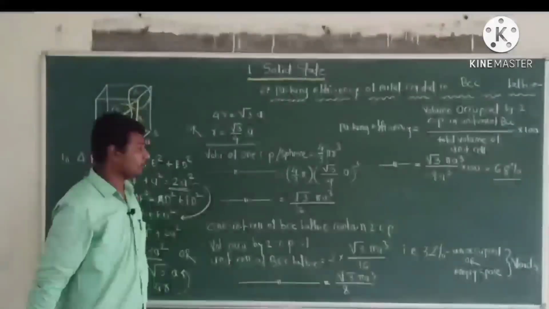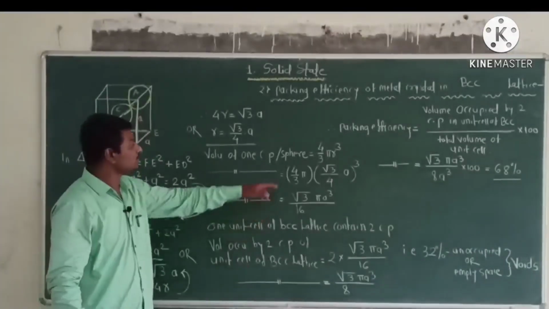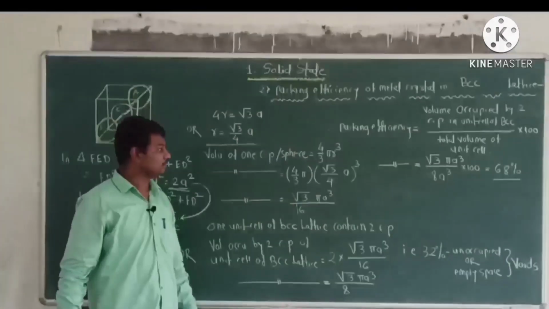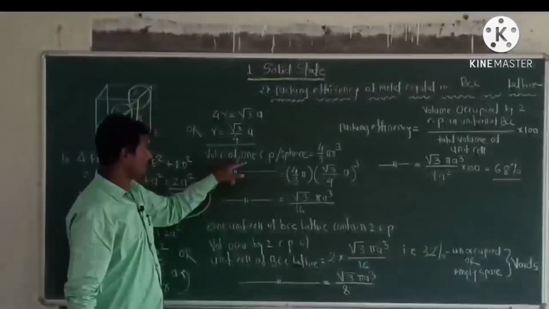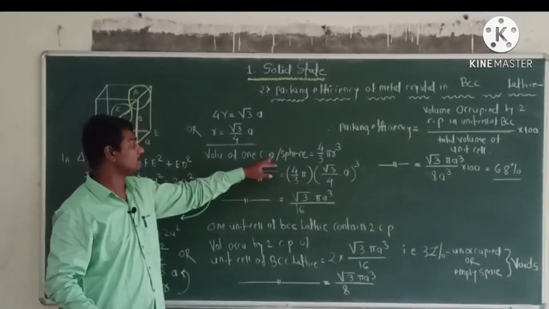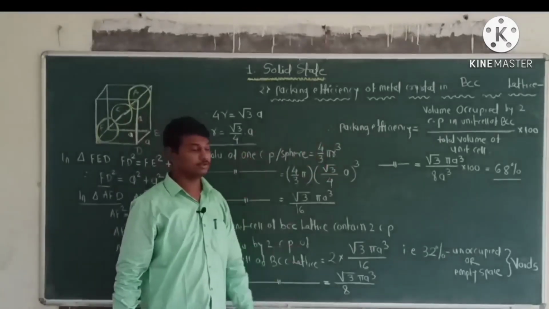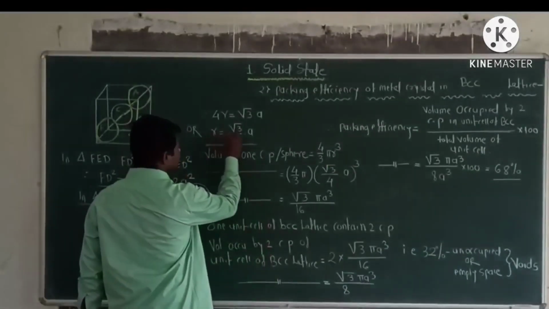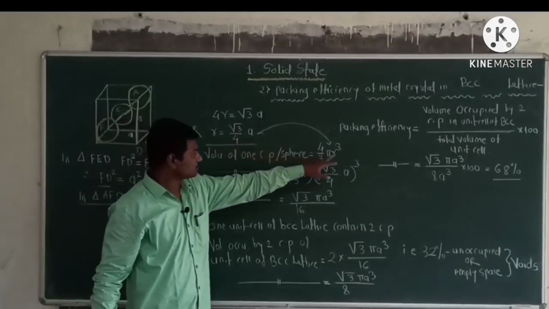Okay. Now, the volume of one constituent particle or sphere is 4 upon 3 pi r cube. Now put the value of r in this equation.